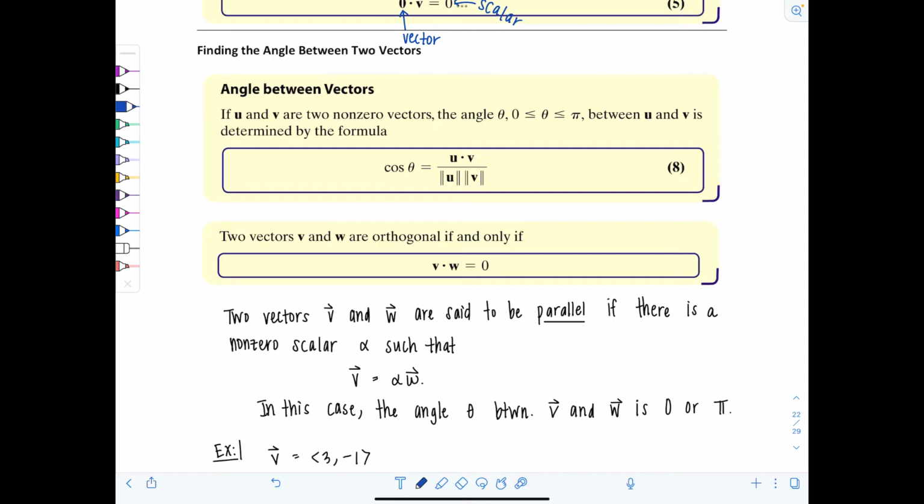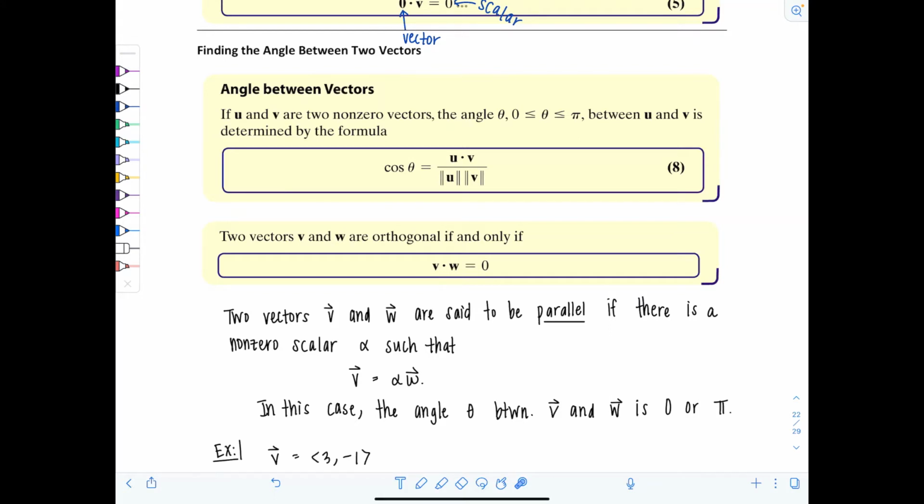Cosine of theta is equal to U dotted with V divided by the magnitude of U times the magnitude of V. In the end, to figure out the angle theta, you would just do cosine inverse of the quantity on the right-hand side.